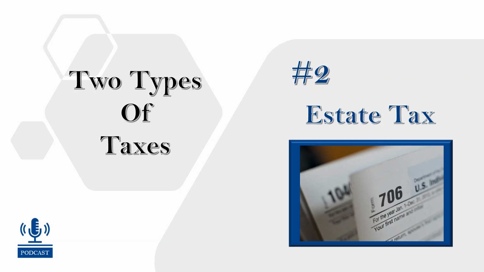So what's portability? What portability means is, well, let's say I have a $5 million exemption, but my estate is only worth $2 million, and I'm just using hypothetical numbers right now. Normally, I would not have to file an estate tax return, but let's say that the surviving spouse has $8 million in her own name. What is she going to do?